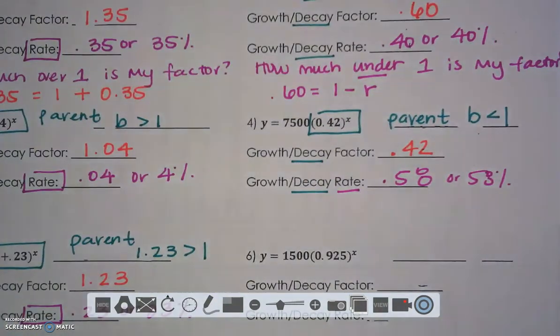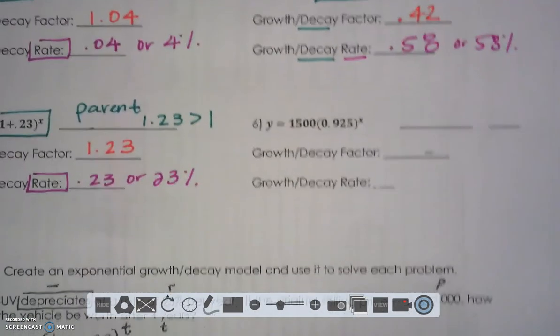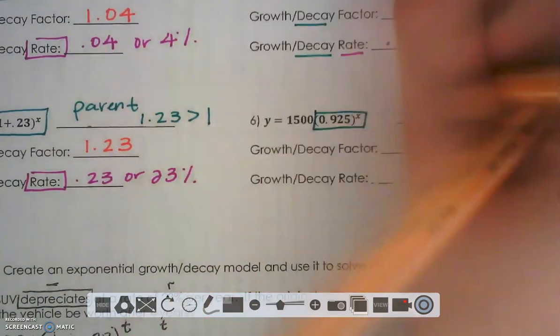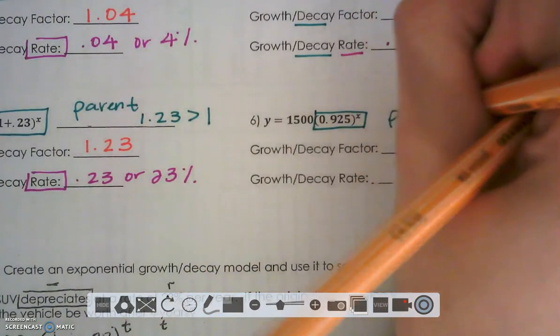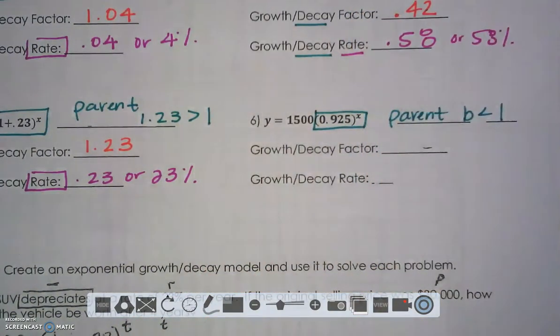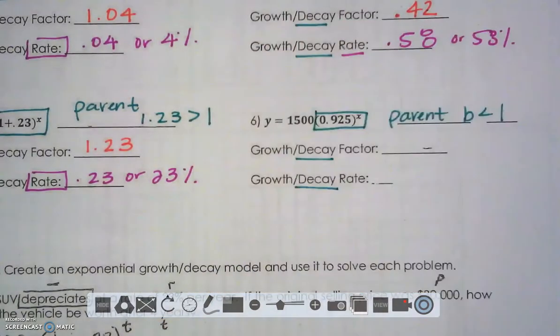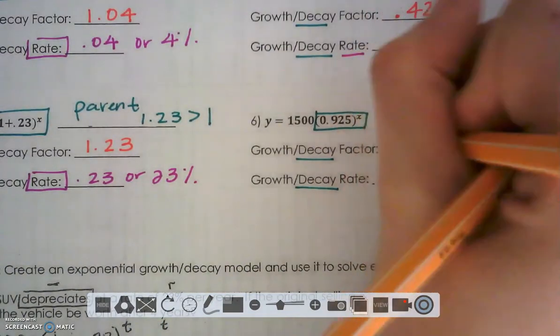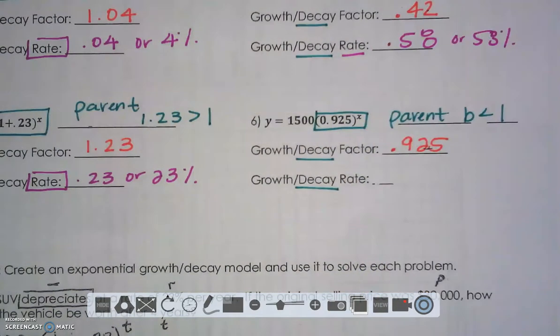So try this last one again. I encourage you to pause the video for a second. See if you can answer this without my prompts. But you should know that when my parent function, that base is less than 1, I have a decay. My factor is what I see in my problem already, 0.925.